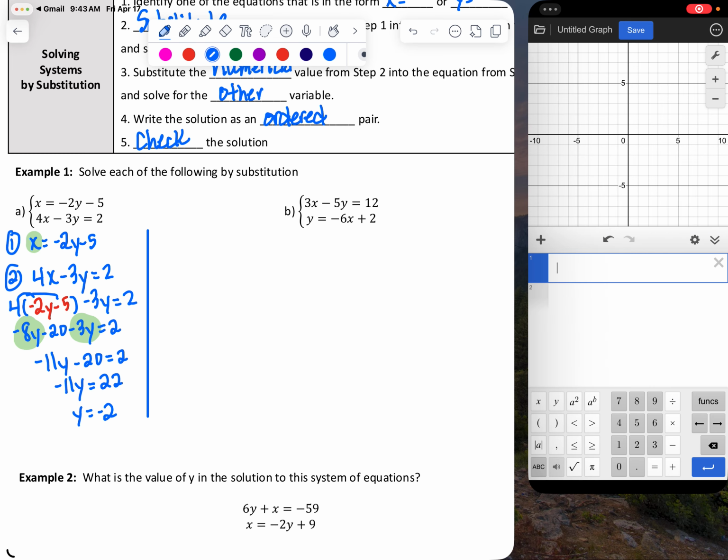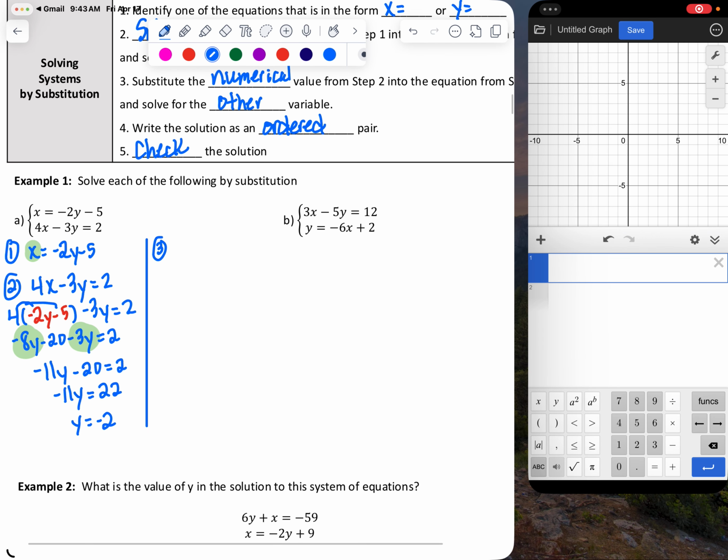Now let me draw a line here to separate steps 3 and 4 from steps 1 and 2. So in step 3, we're going to substitute the numerical value, that negative 2, into the original equation. So let's write down our original equation. It was x equals negative 2y minus 5. Now, you're going to replace that y with parentheses and substitute in the numerical value, which was negative 2, and then solve this equation.